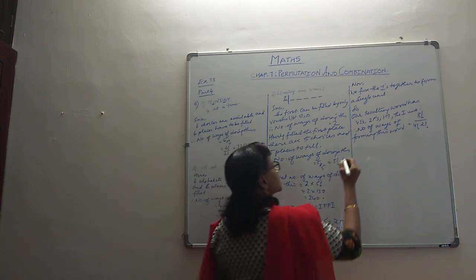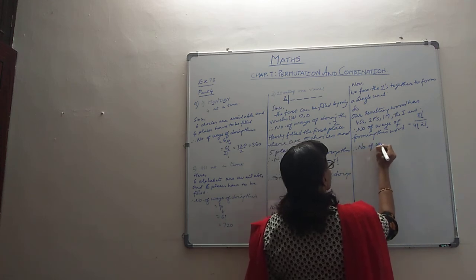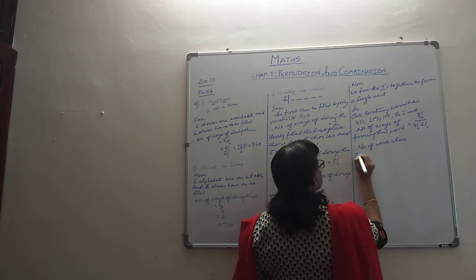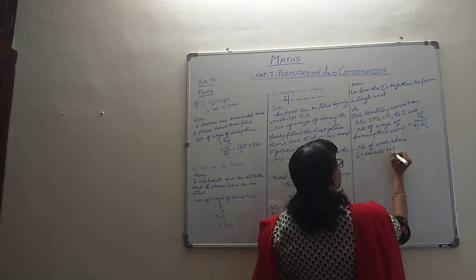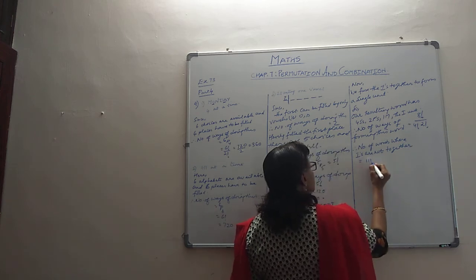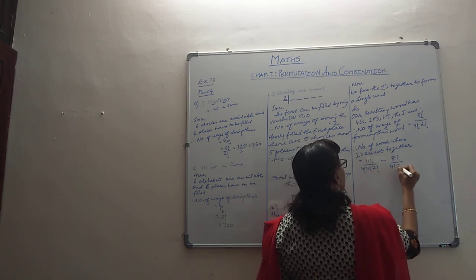Now they ask us for the number of words where the I's are not together. We are going to subtract: total minus the places where the I's are together. That is 11 factorial over 4 factorial, 4 factorial, 2 factorial, minus 8 factorial over 4 factorial, 2 factorial.